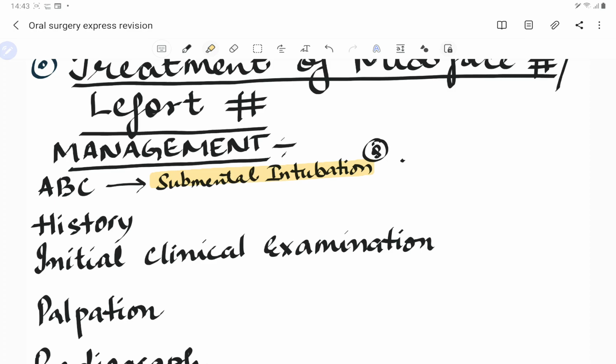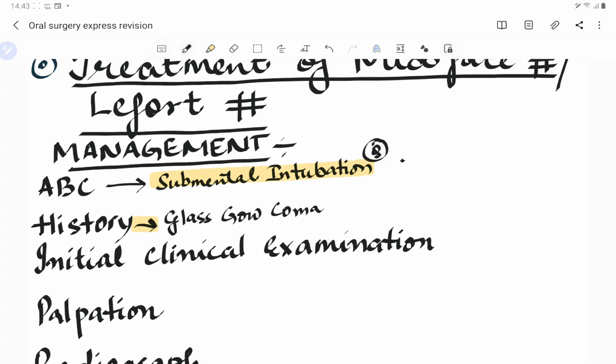In the history, the most important thing we do is take the Glasgow Coma Scale. We have a chart for the Glasgow Coma Scale, and in that chart there are readings for the reflexes of eyes, motor and the verbal responses. We take the responses of the eyes, the motor and the verbal.